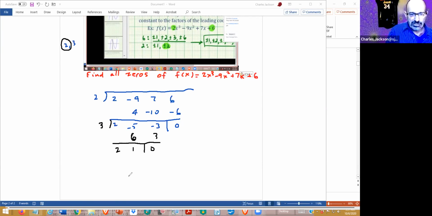Now, I want to pause here and make a comment. Okay. A comment about what's going on right here. Now, we know that that represents the depressed polynomial.